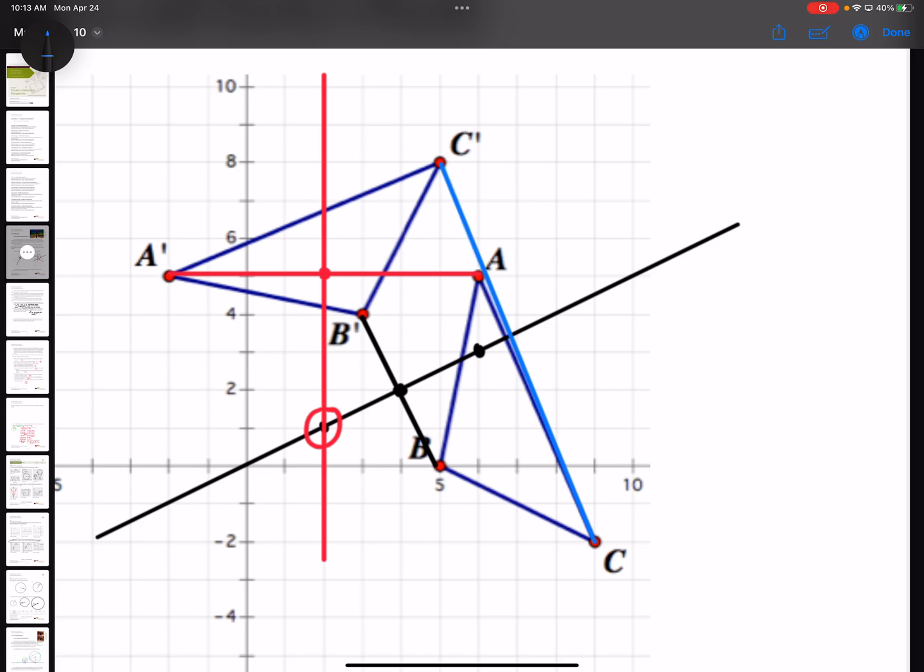This one has a run of 1, 2, 3, 4, and a rise of 10 downward, which is a slope of negative 2/5. So that means that the middle point is going to be 2 over and 5 down from the original. So 1, 2, 1, 2, 3, 4, 5. Oh, look at that. That's nice.